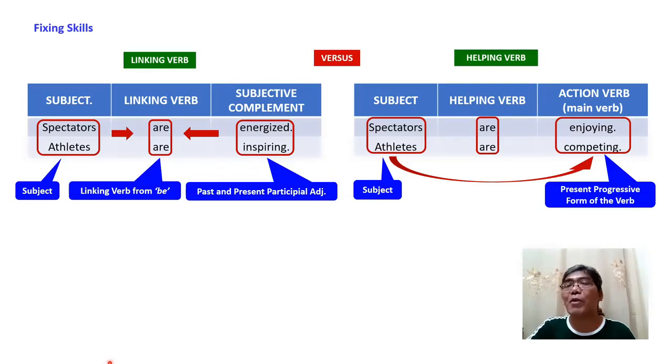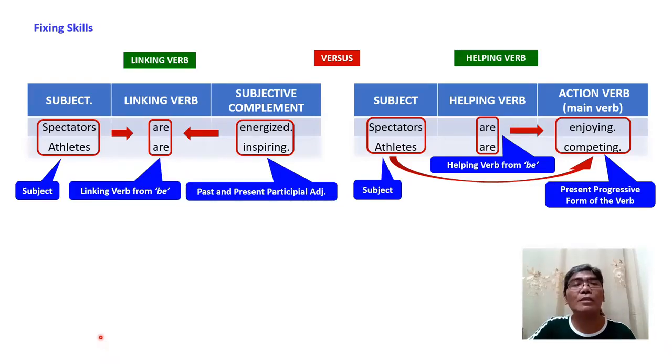These progressive forms, enjoying and competing, are able to express actions with the help of the helping verb are. We can easily identify if a verb is a linking verb by formulating a sentence using such kind of verb into question.